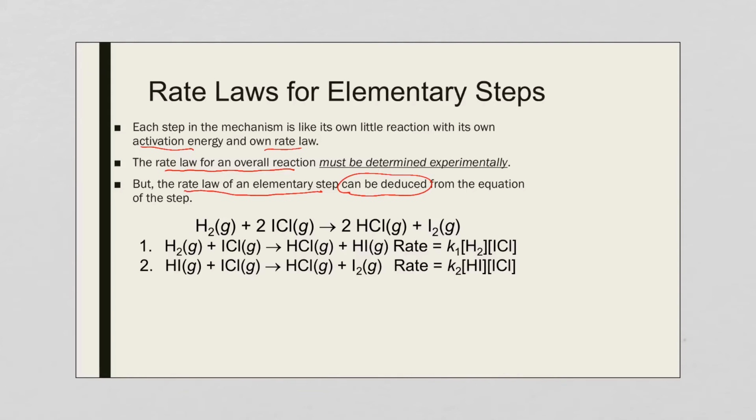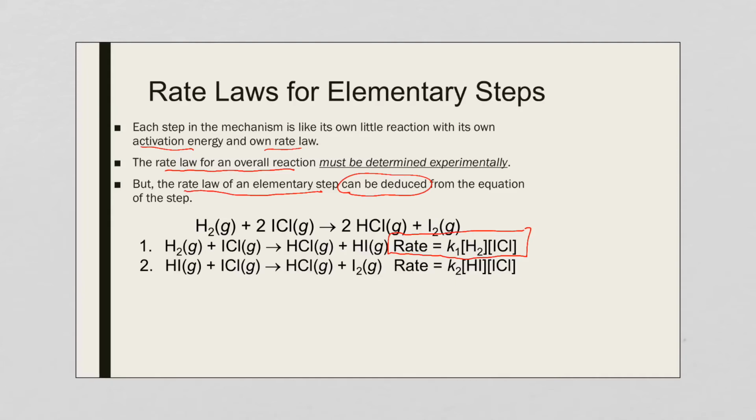So let's just look at these. So let's look at the first one. So the first one has 1 molecule of H2 plus 1 molecule of ICl. So what that means is that it's first order in H2 and first order in ICl. So we could write that rate law just like this, right? The rate of this elementary step is going to equal its rate constant times H2 to the first order, ICl to the first order.